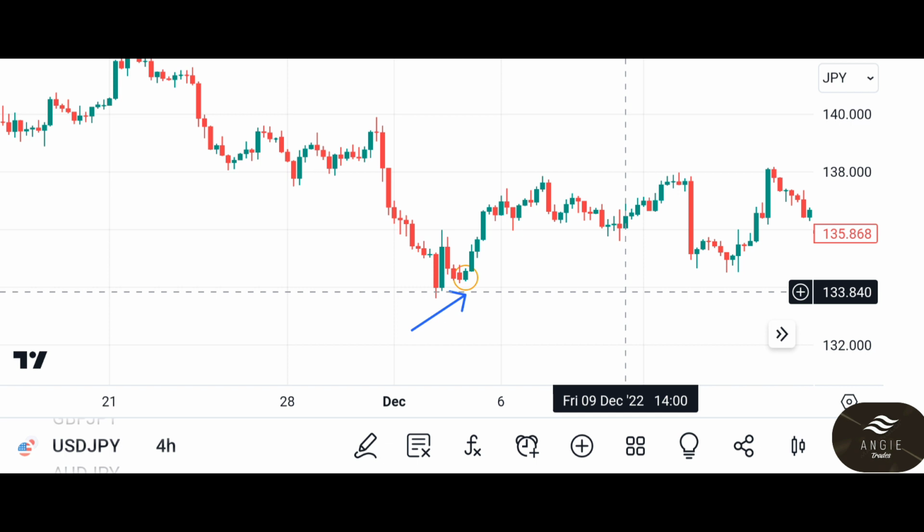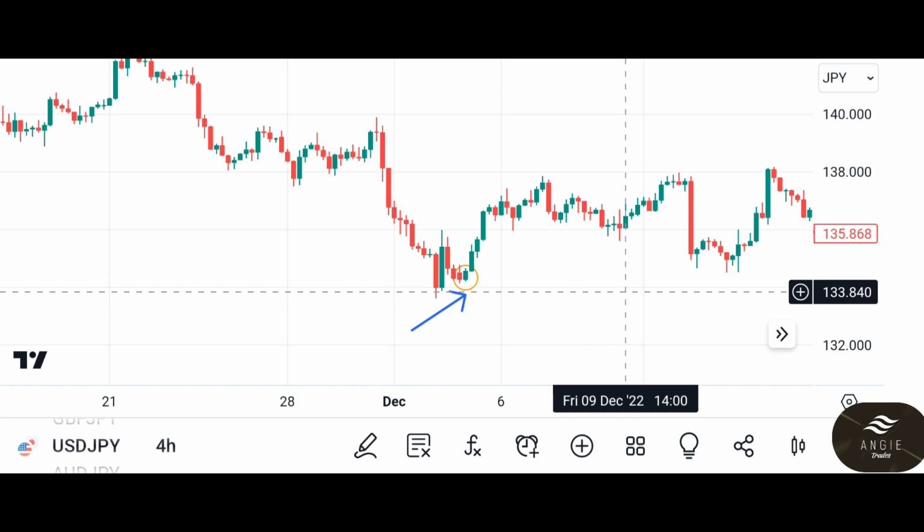And once you see that there is a bullish close of an inside bar, which is almost looking like bottom tweezers, with the previous bearish candlestick, you know that there's going to be a move up there.